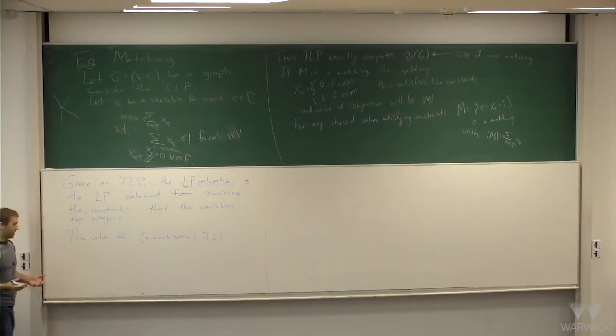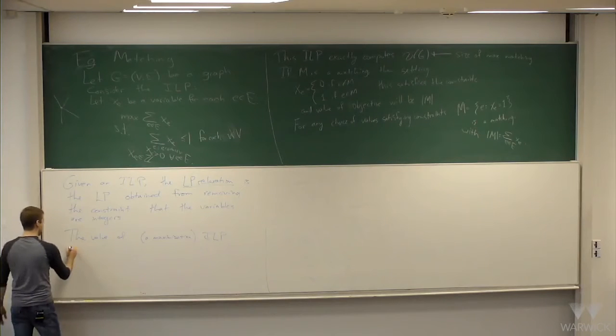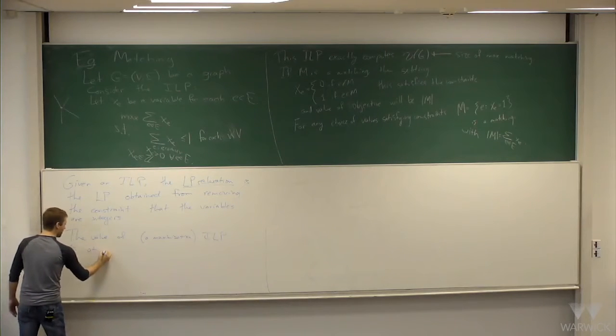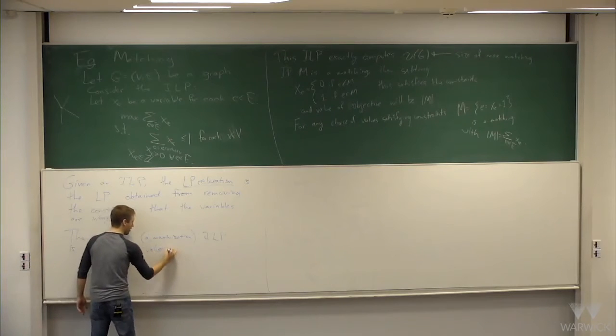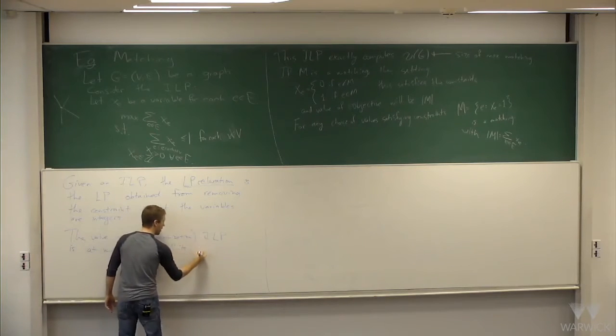Think of the linear program as a maximization problem. Of course, for a minimization problem, everything is similar, it's just the inequalities go the opposite way. The value of the integer linear program is always at most the value of its LP relaxation.